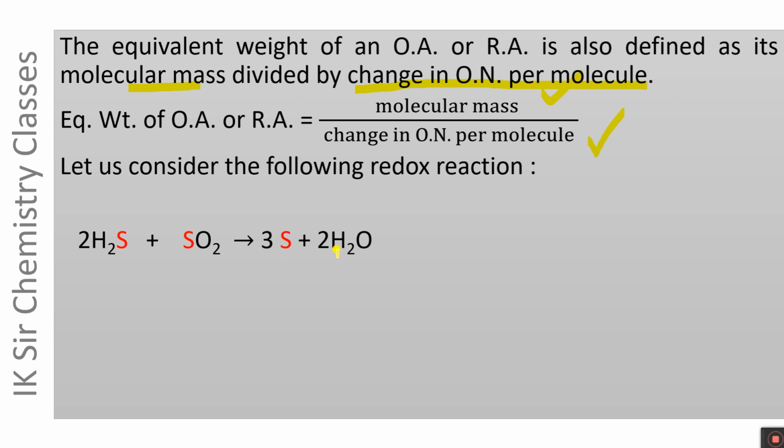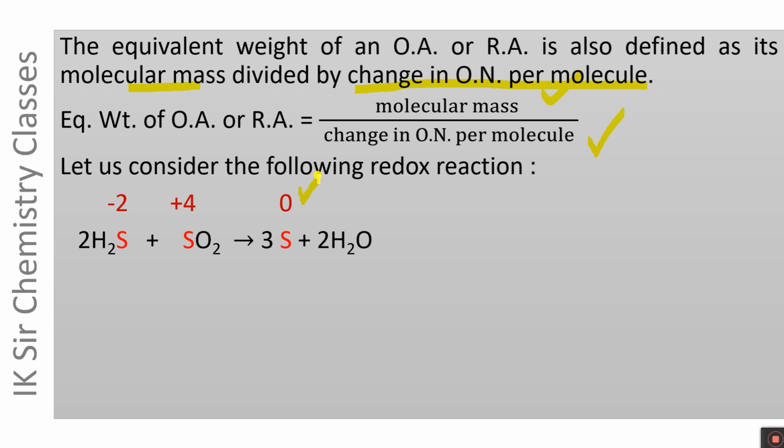It is a comproportionation reaction in which two different oxidation states of an element converge together at an intermediate oxidation state. The oxidation state of sulfur is -2 in H2S, while in SO2 it is +4, and these two oxidation states converge to a single intermediate oxidation state.